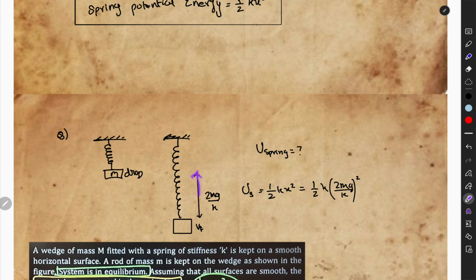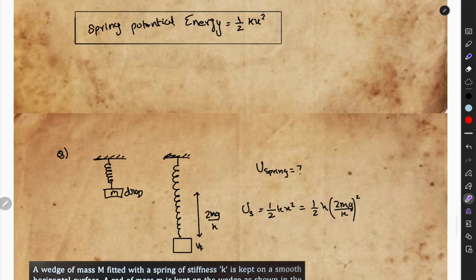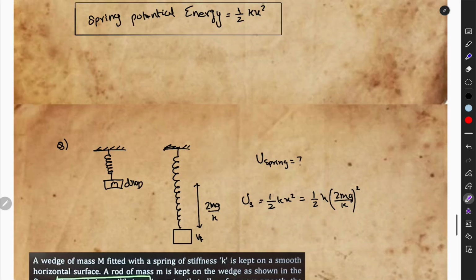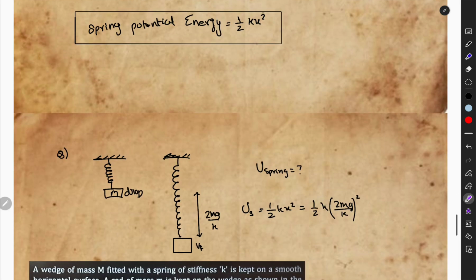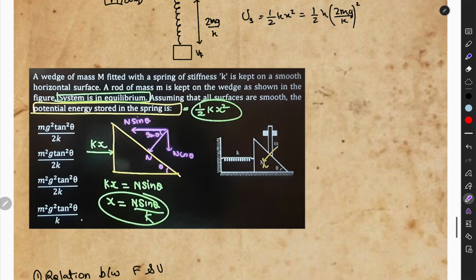So the distance will be 2 mg by k. kx is equal to gravity. I hope you understand that. And then the work done is simply the distance, right? So just apply this formula, potential energy of spring, where x square will be 2 mg by k whole square. I think you understand this.